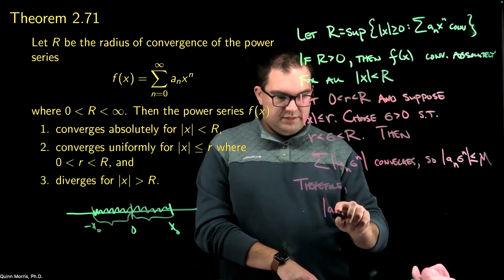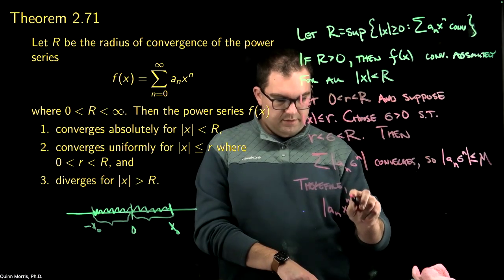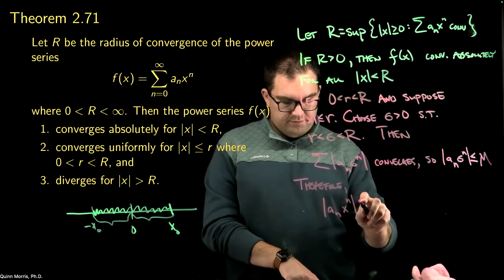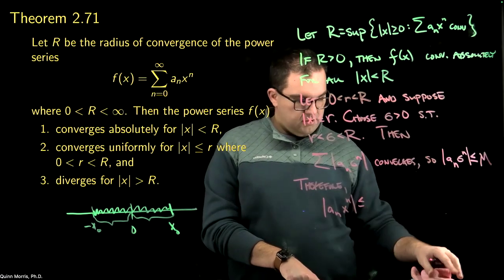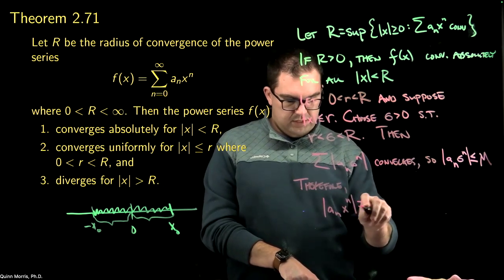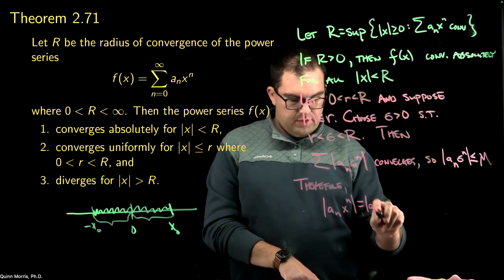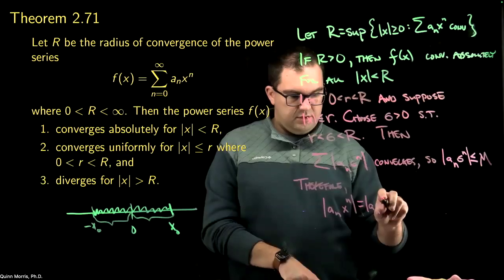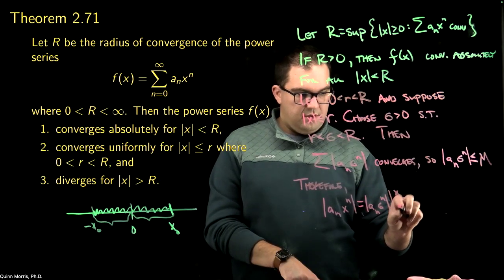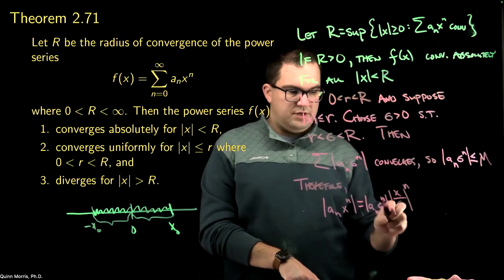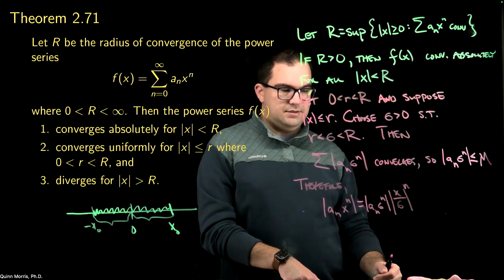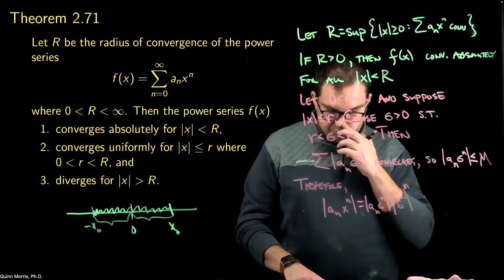So therefore, if I look at a sub n x to the n, I'm going to play a very similar game as before. This is equal to a sub n sigma to the n times x over sigma to the n. So same algebraic trick as before here. I'm just multiplying in the numerator and denominator by sigma to the n.